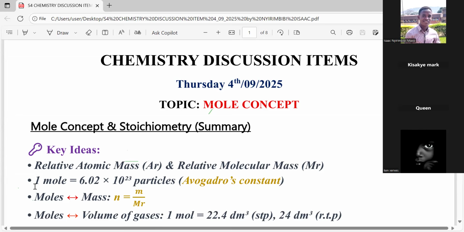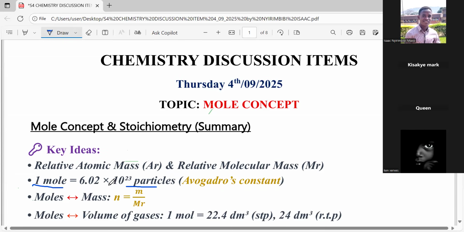There's an item which is talking about relative atomic mass, relative molecular mass. And also, there is an item which is talking about the relationship between mole and particles.